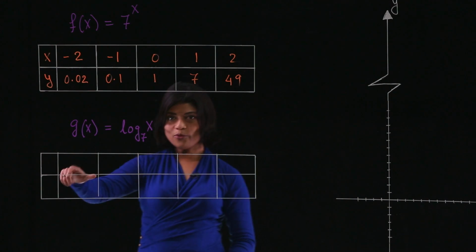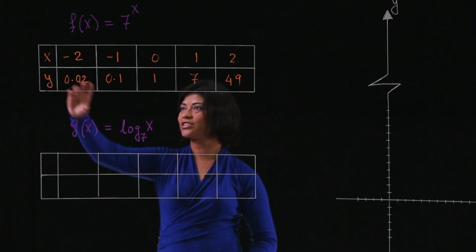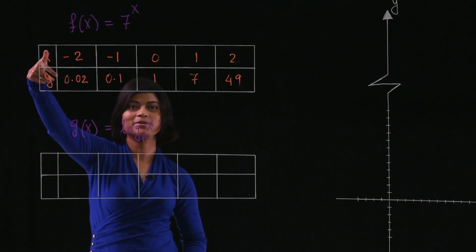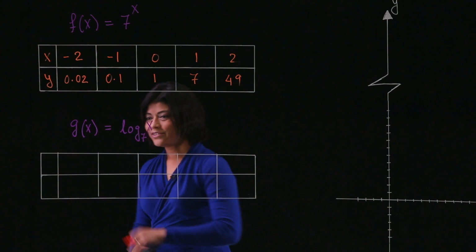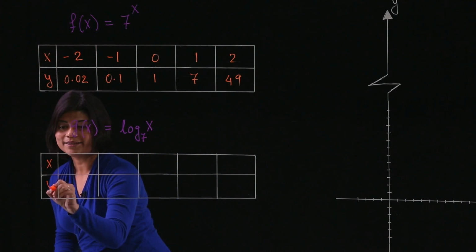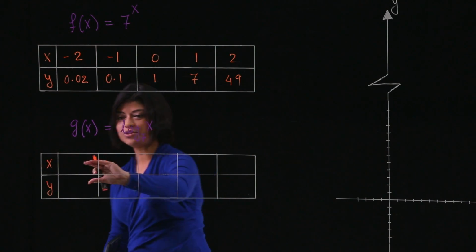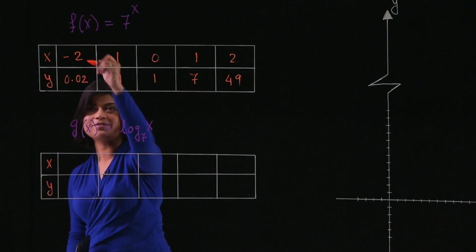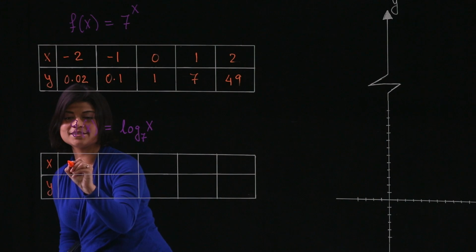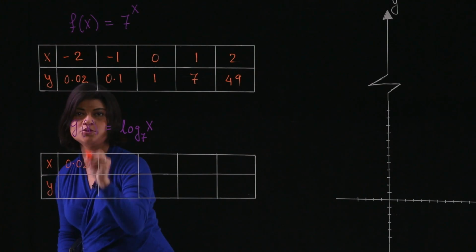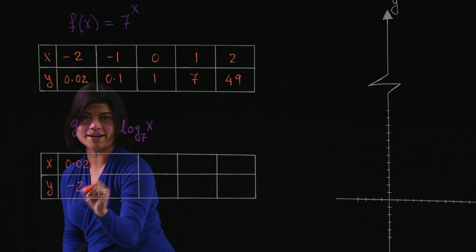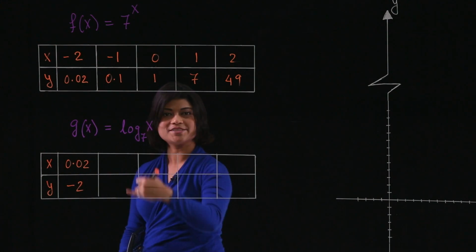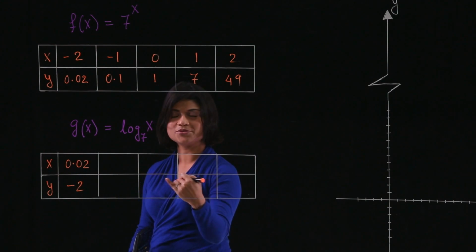And so to get the points on this graph, you just have to switch the x and y from the previous table. So what I mean by that is you just flip the values. So in this case, for the first value, when x is 0.02, y will be -2.